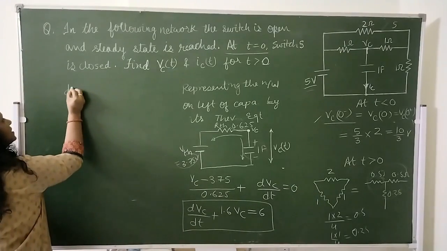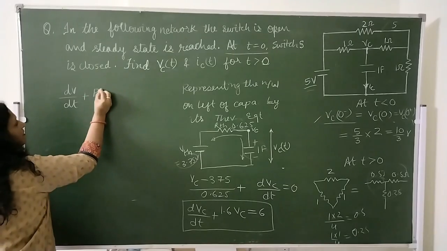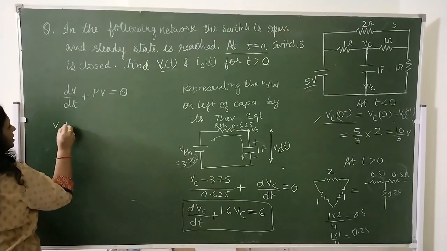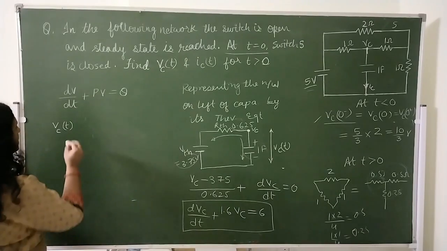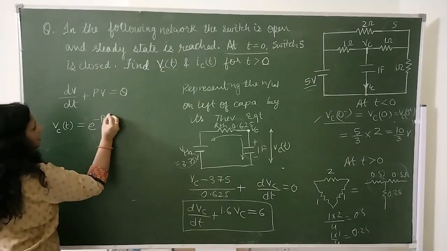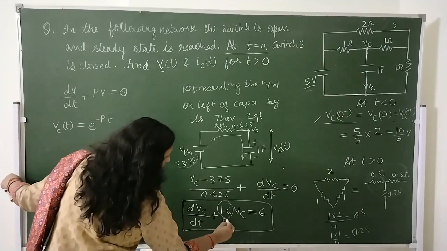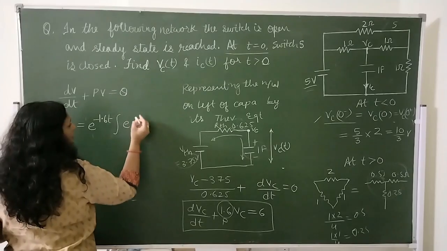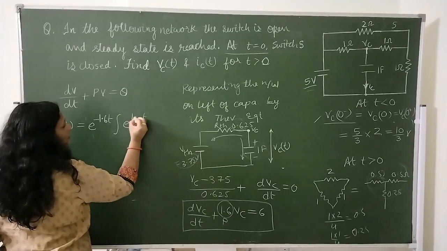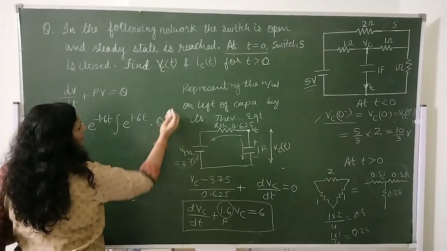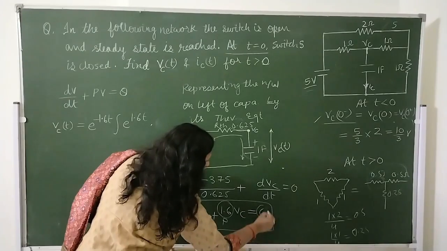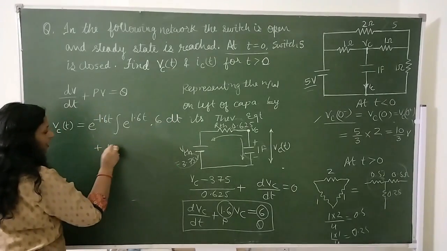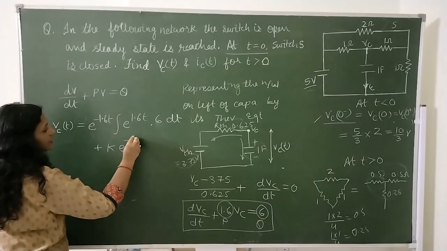If our differential equation is dV by dt plus PV equals Q, then its solution is VCT equals e to the power minus PT, integral of e to the power PT multiplied by Q dt, plus a second term K multiplied by e to the power minus PT.